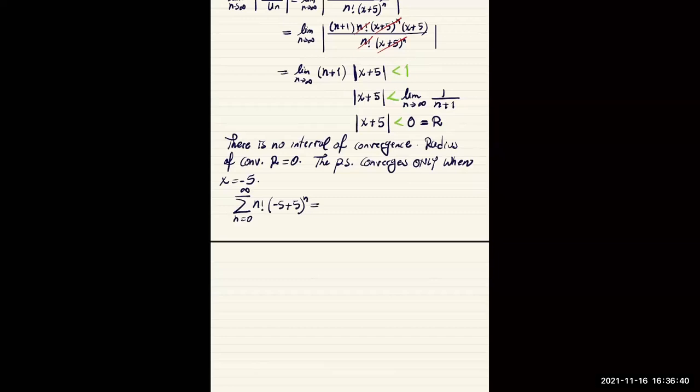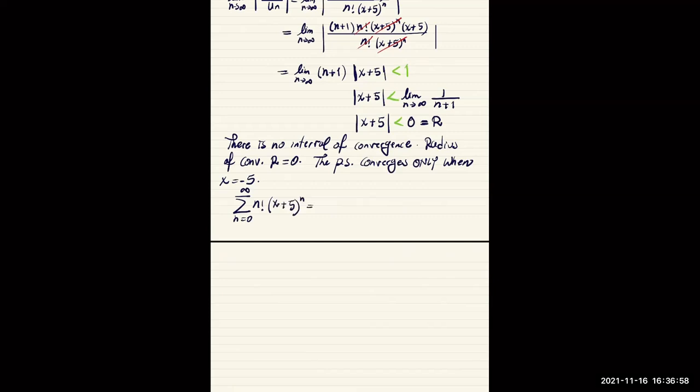When you plug 0 for n, you get 0 factorial. I have to expand the series and then plug in. So that's x plus 5 to the n.